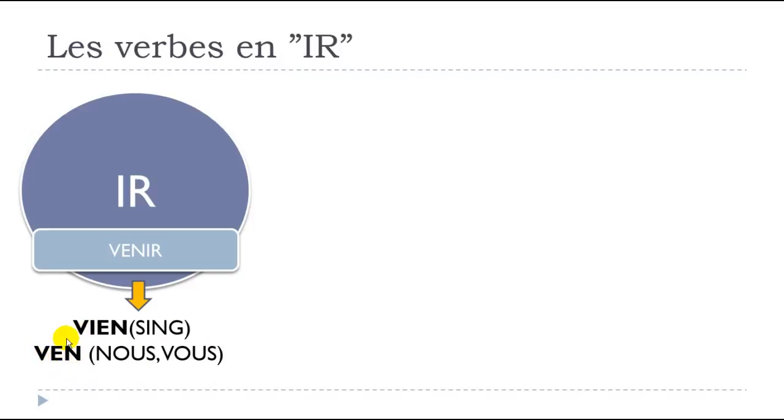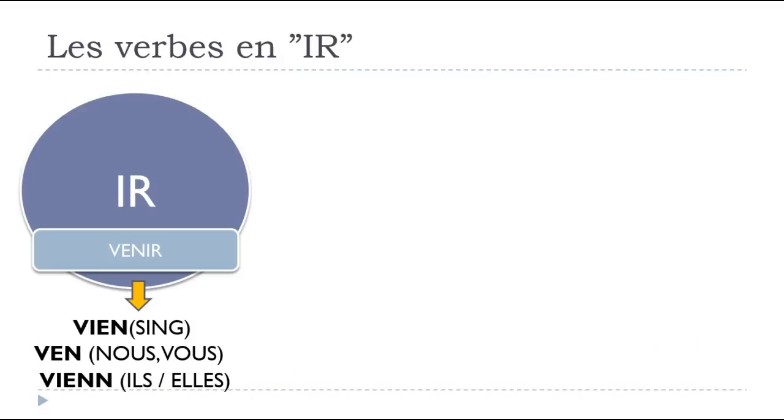So you can see that it's not the same. And last but not least, we'll have a third stem or root for il, elle at the plural form, and it will be vienn. This is the tricky thing with venir, and we'll see the other verbs that will be conjugated like it. You've got three forms here: vien for the singular, ven for the plural but only nous and vous, and then vienn for the plural il, elle.